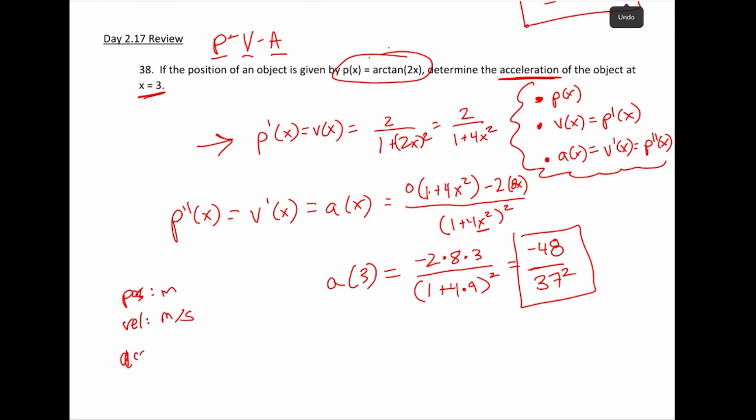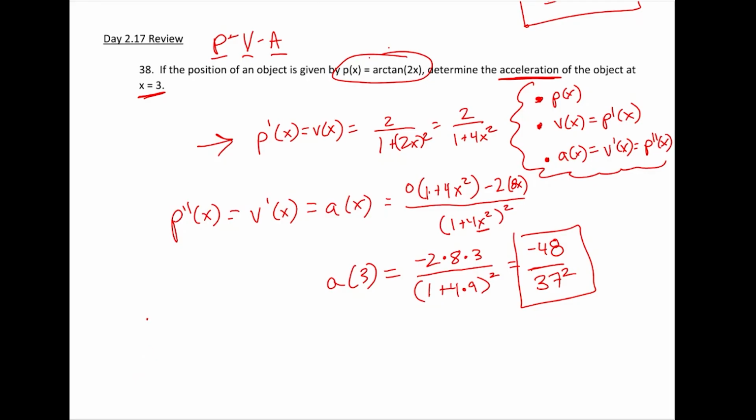The acceleration is usually in meters per second squared. Not always. It could be feet per minute and feet per minute squared and all that kind of stuff. But that's typically what it is. And if you were given units originally, you'd have to write them here. But there are no units given, so we're just going to leave it as a numerical value.